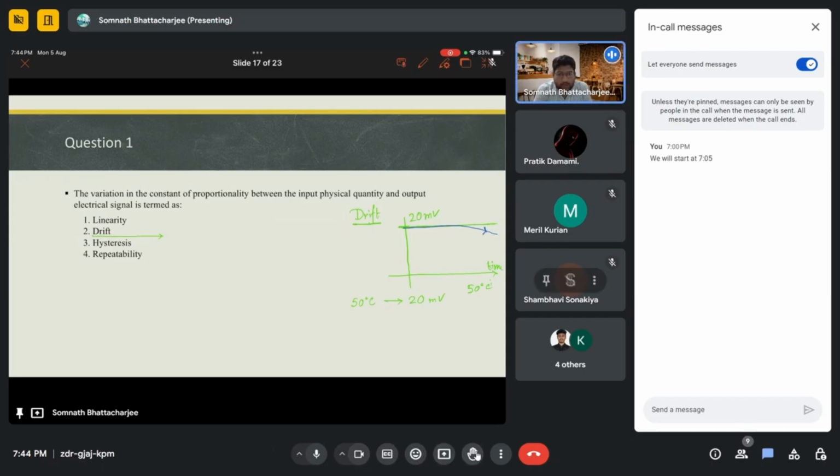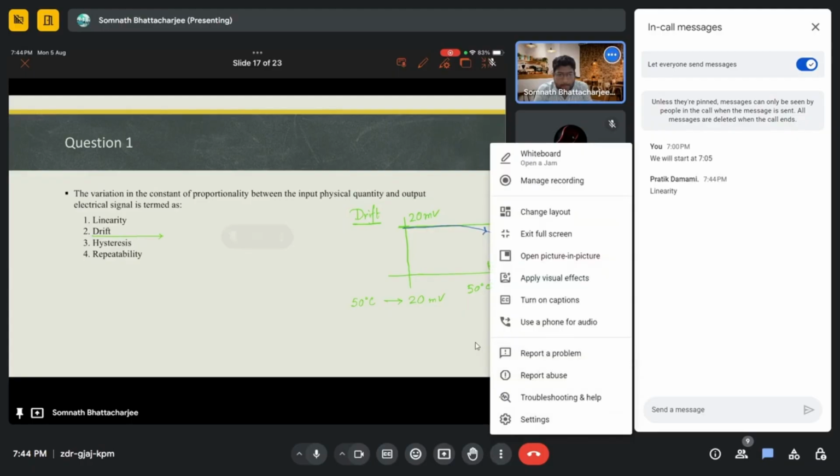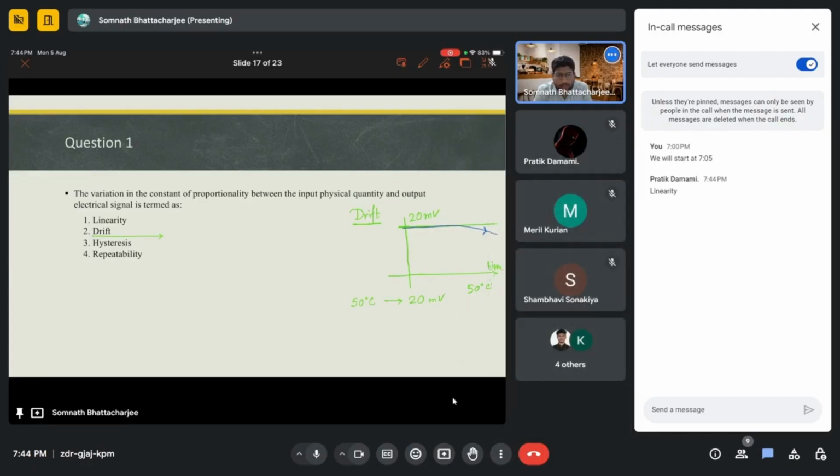Everybody can hear me, right? Linearity. So can you explain the others? I need some responses. Why is it linearity? Why is it not hysteresis or repeatability, within a single line or something?